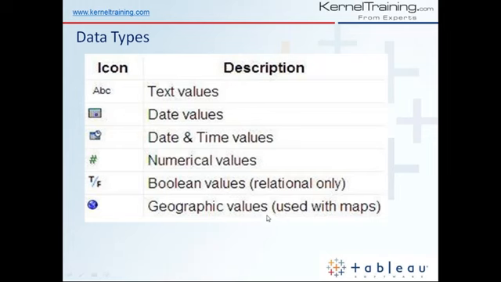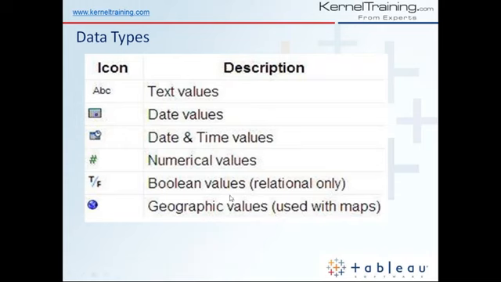Okay, geographical values, which is basically where a particular state, how much revenue is generated, or a particular country, how much is generated. So these are the values which we are showing in the maps.